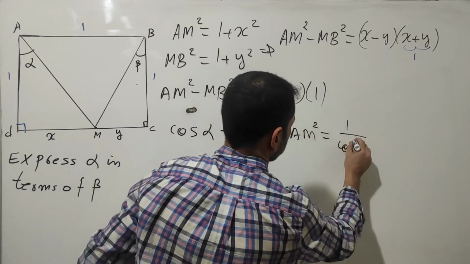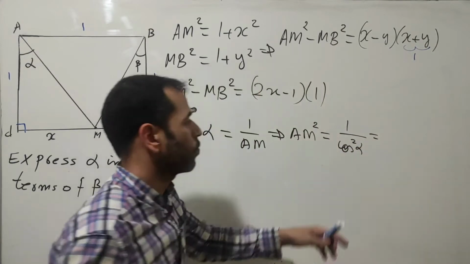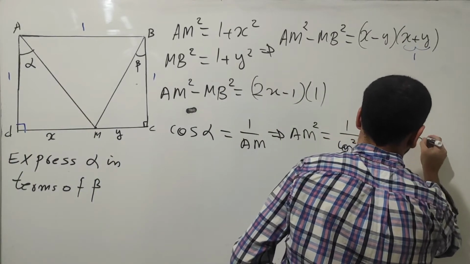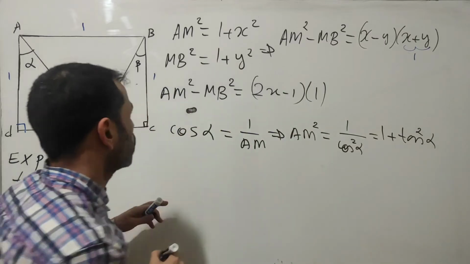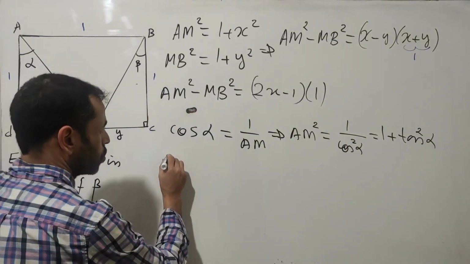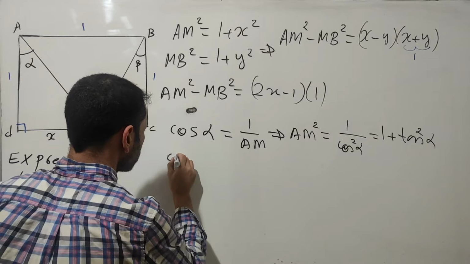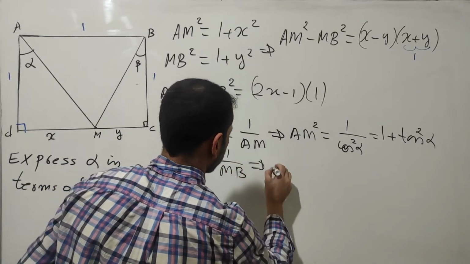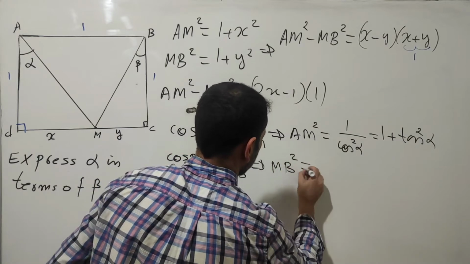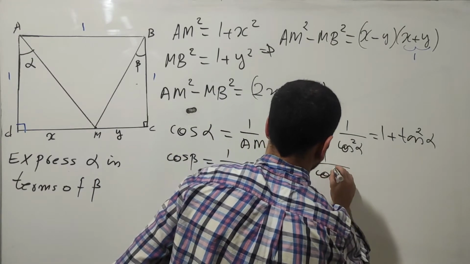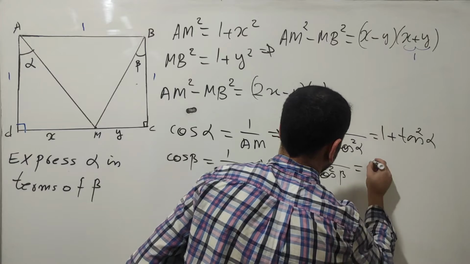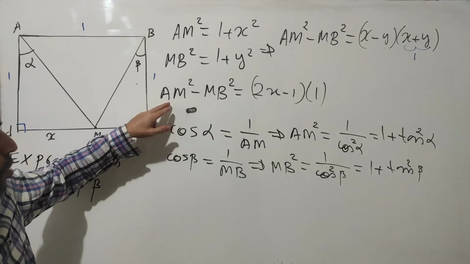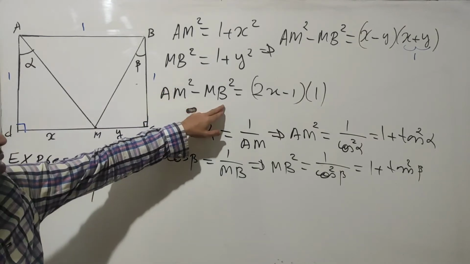Let's square this: 1 over cosine squared alpha is the same as 1 plus tangent squared alpha. We have the same thing for MB squared: cosine beta equals 1 over MB, which implies MB squared equals 1 over cosine squared beta, which equals 1 plus tangent squared beta. I'm simply going to take the difference, AM squared minus MB squared.